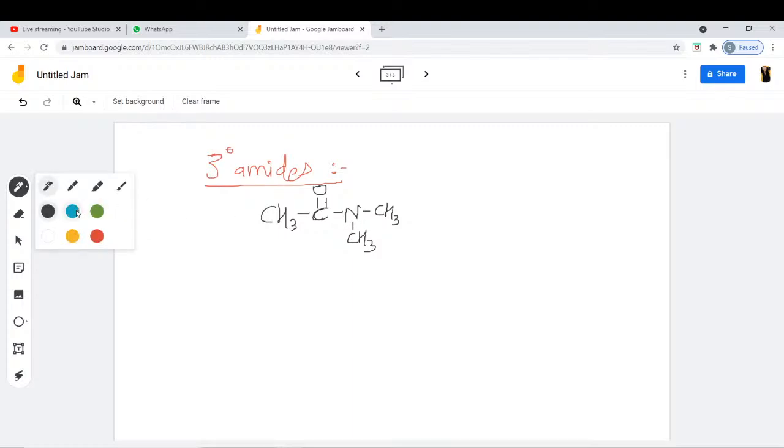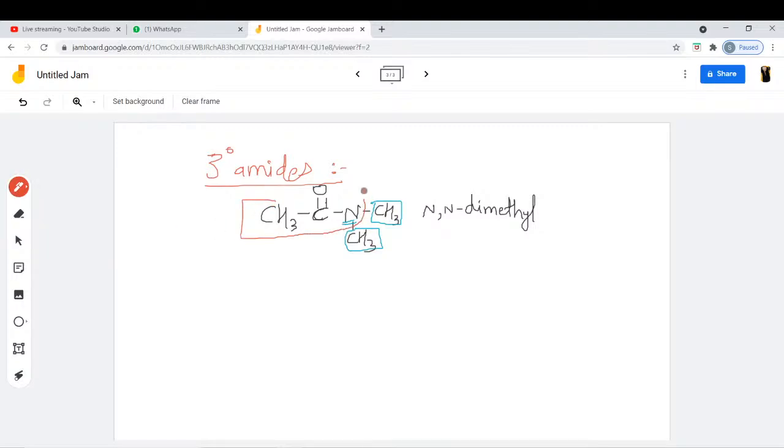Listen, to this nitrogen two methyl groups are attached. How many methyl groups? Two methyl groups. So its name will be N,N-dimethyl, and two carbons, including this carbon, so its name is acetamide.